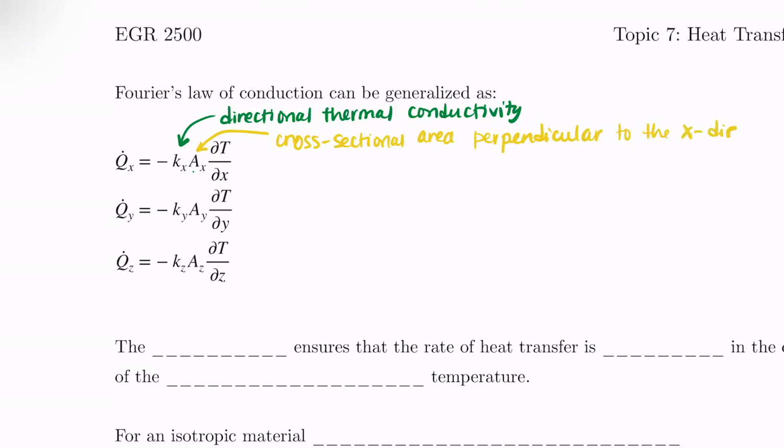All right, because we are looking for the rate of heat transfer in the x direction. Okay, and then last but not least, we have our temperature gradient in the x direction.